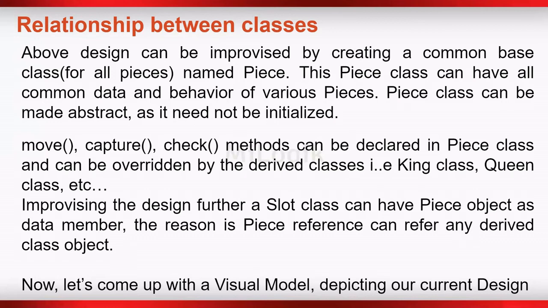Now, let us see the visual model for this software design. So we have a chessboard class. For simplicity, I have ignored the data members and the methods in the chessboard. I'm just trying to show the relationship between the classes here. So the chessboard has a slot, not one slot.